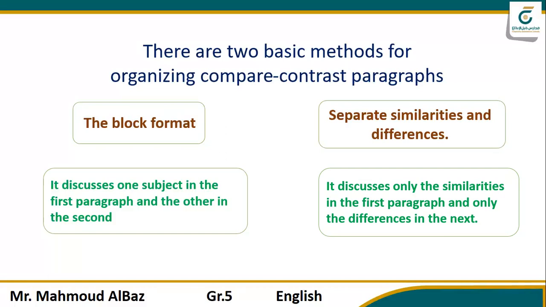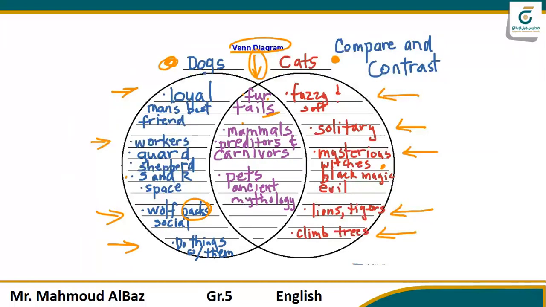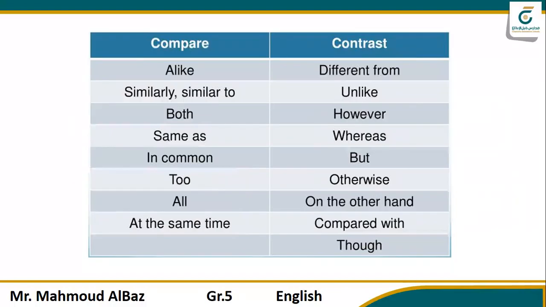And what are the clue words? It's very easy, super easy words, and these are the clue words: compare and contrast. These are words that show comparison, and these are words that show contrast. For example, a sentence: e-learning and classroom learning are alike. Similarly, similar to, both, same as, in common, all, at the same time.